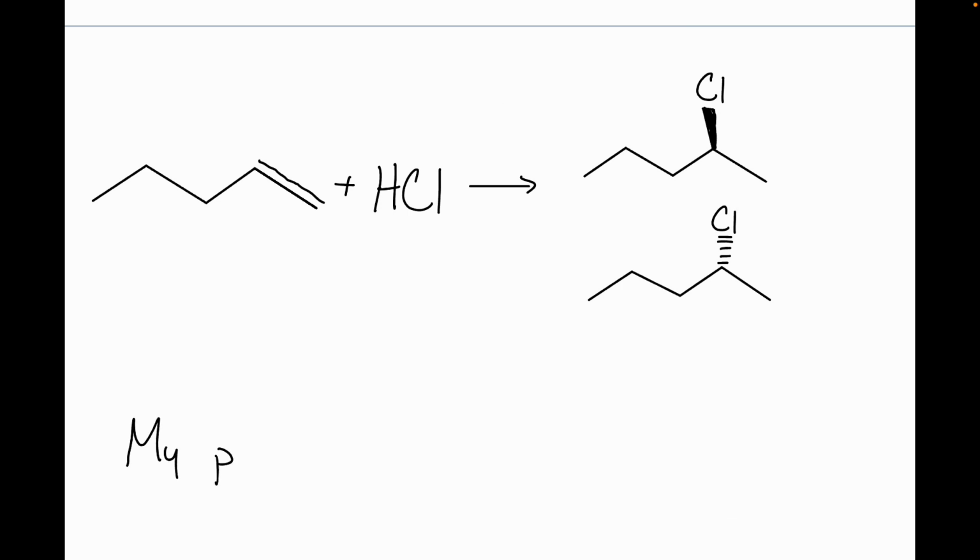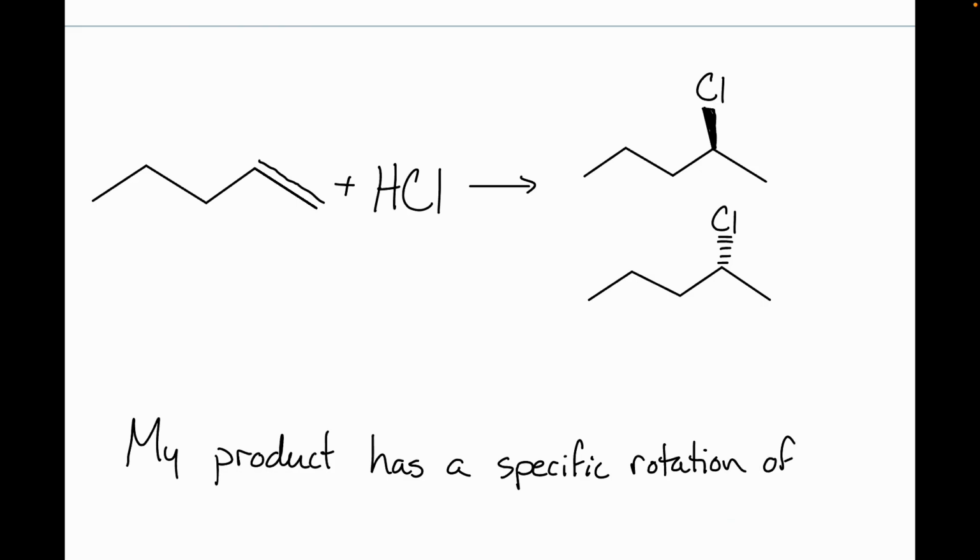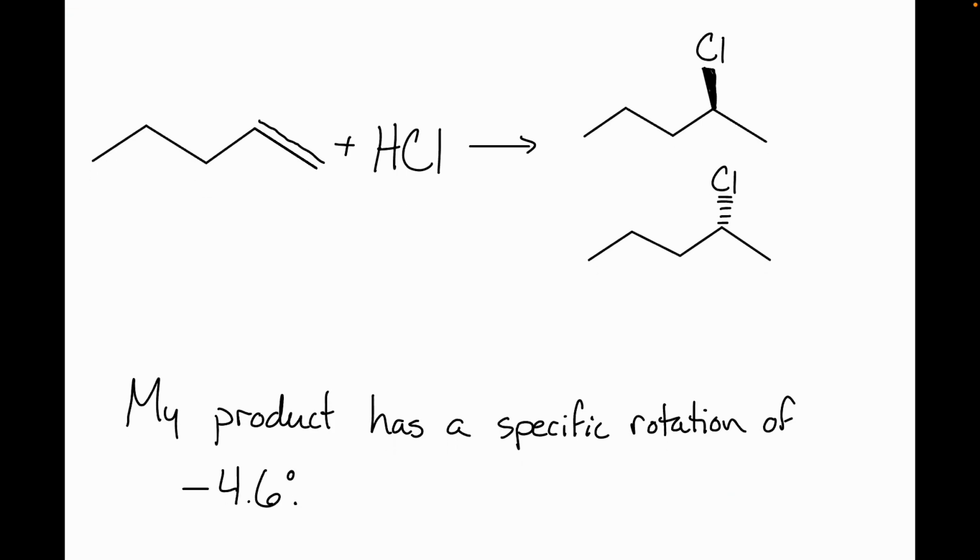So, my product has a specific rotation of negative 4.6 degrees. What is the percent enantiomeric excess?